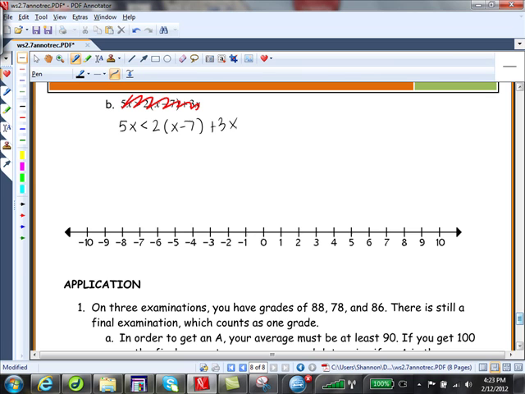Okay? So then we would get 5x is less than, I have to distribute the 2 throughout those parentheses. So this here is the result of the distribution. So we would get 5x is less than 2x minus 14 plus 3x. 5x is less than 5x minus 14.